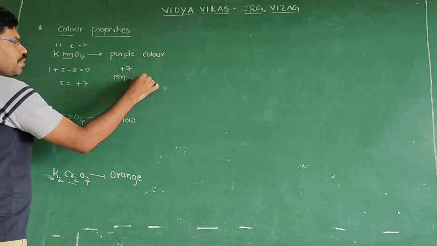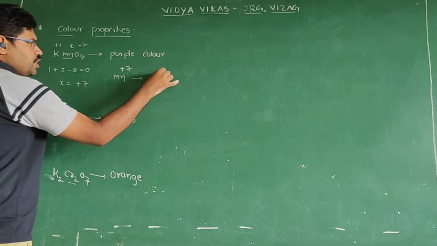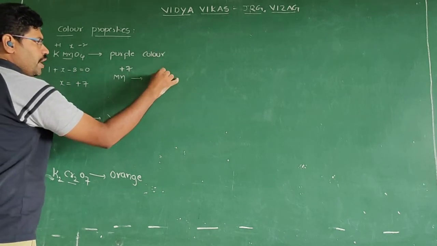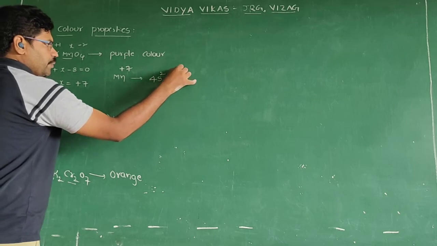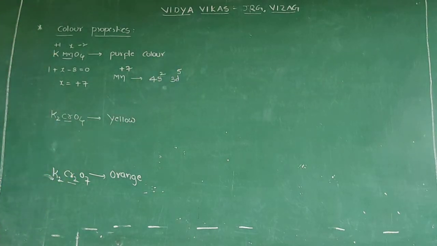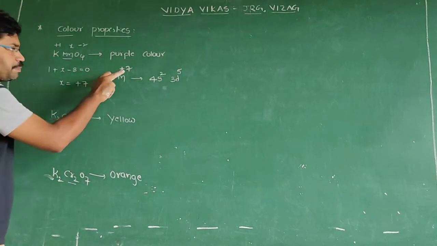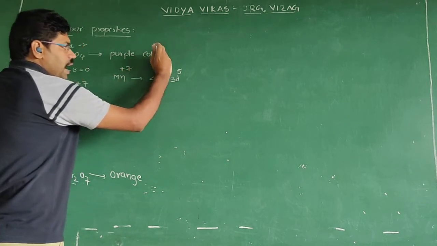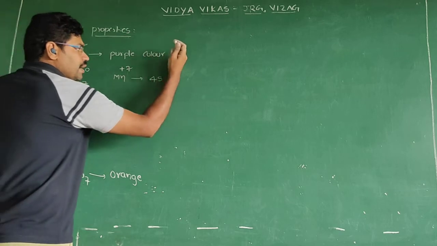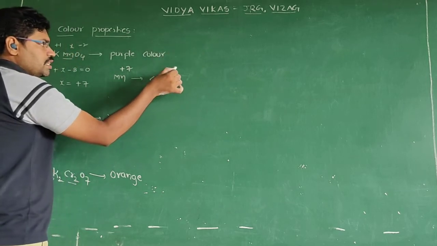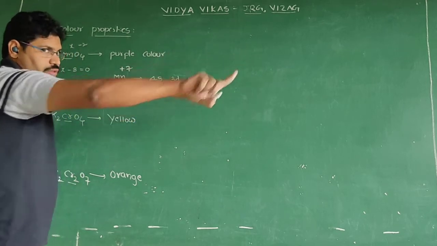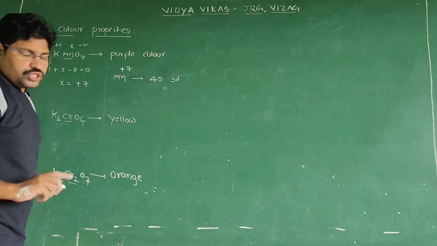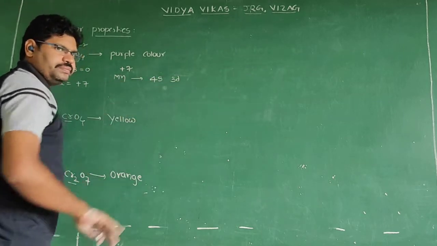Sir, what is actually manganese, sir? Actually manganese is after argon 4s2 3d5, because atomic number is 25. Sir, manganese +7 means, sir? Manganese +7 means 2 electrons and 5 electrons, both are removed. So total 7 electrons removed.